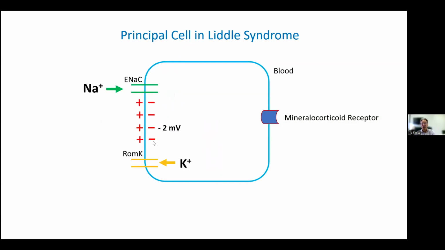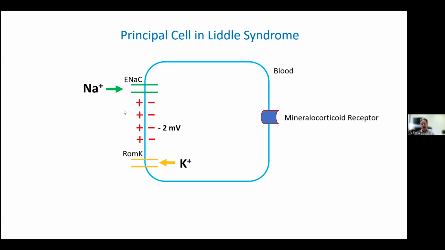And that then is going to decrease the electrical gradient that K has to fight against to get out. So it enhances K secretion via ROMK. And the 24-hour K excretion is now exceeding the patient's intake. So they have negative K balance and they become hypokalemic.